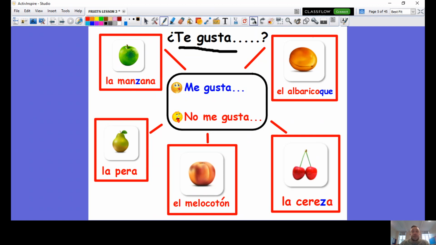Here's your first question. ¿Te gusta la manzana? Next question. ¿Te gusta el melocotón? Next question. ¿Te gusta el albaricoque? One more. ¿Te gusta la pera?